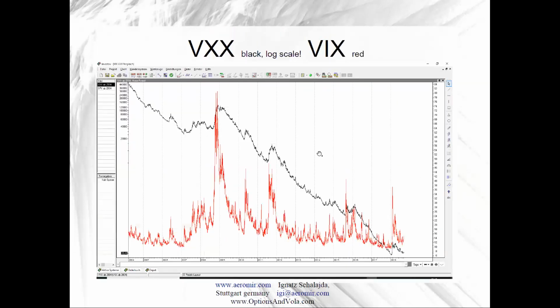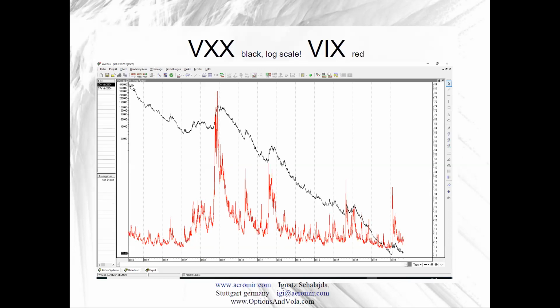So this is a comparison between VXX in a log scale, which is the black one, and the VIX, which is the red one. Here you see reverse to the mean, and here you see a drift. When I saw this chart the first time, I said, wow, what a trend. And the reason for trading the VXX is, again, the built-in drift.